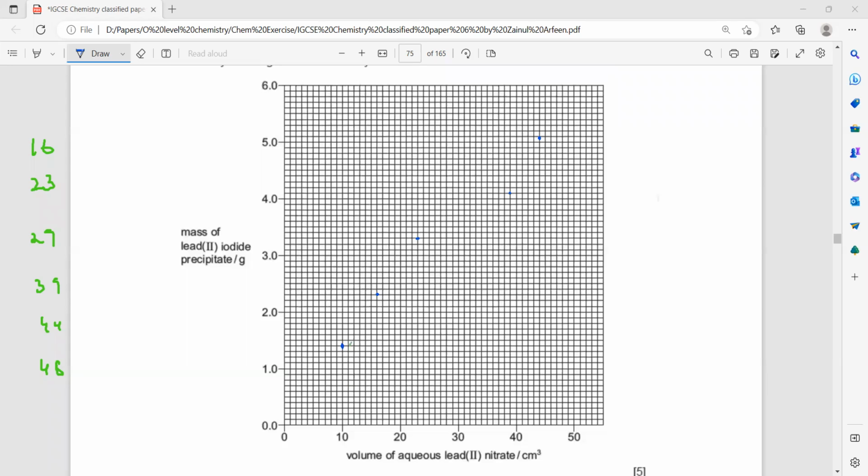So the values were 16, 23, 29, 39, 44, 48, and there was a 10 as well in the beginning.